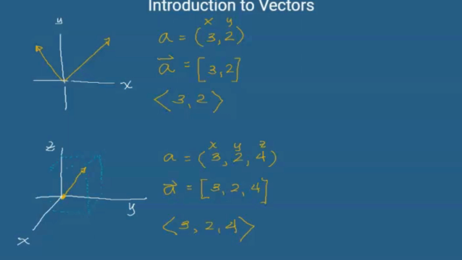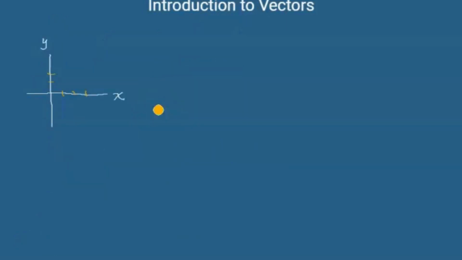Let's try to focus on two-dimensional vectors. So for example, let's call our vector A, and it has a component of 3 and 2. Okay, this can also be written this way, 3, 2.